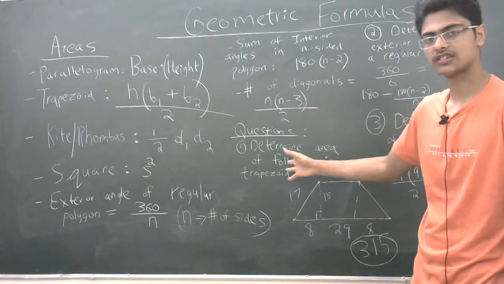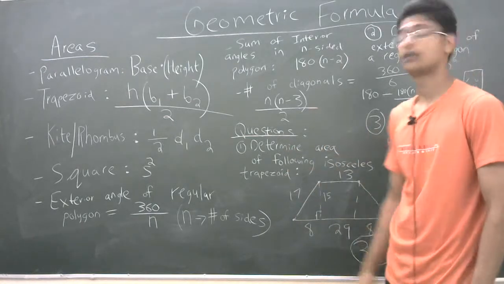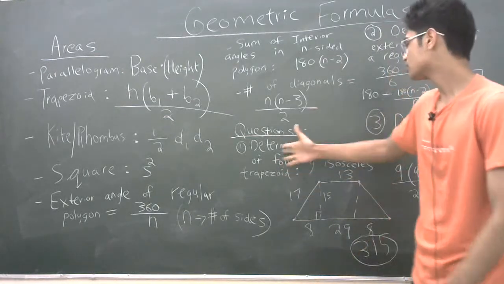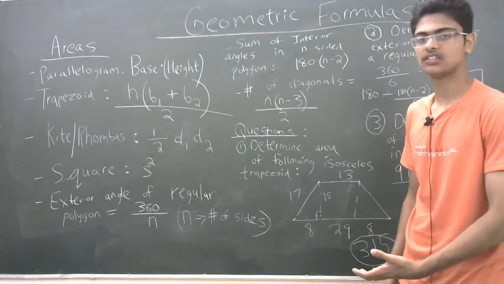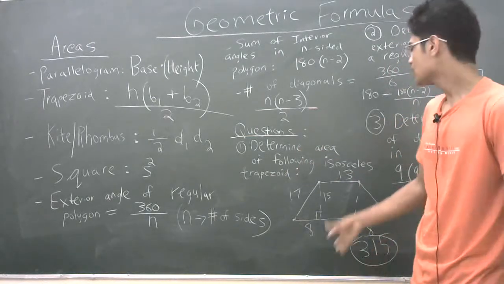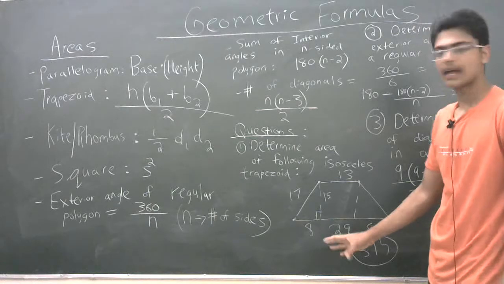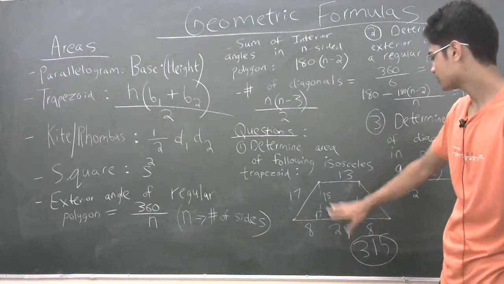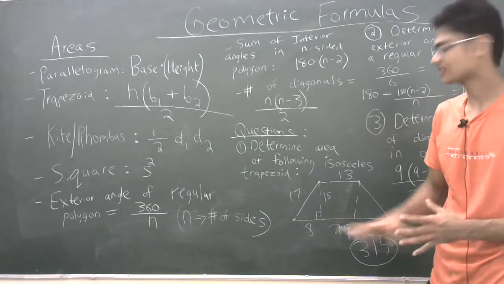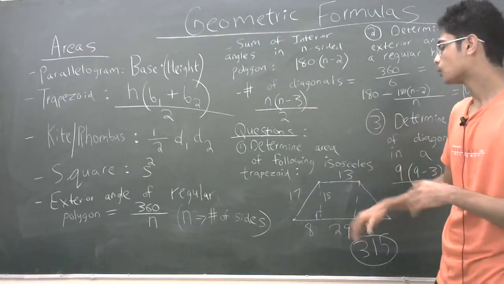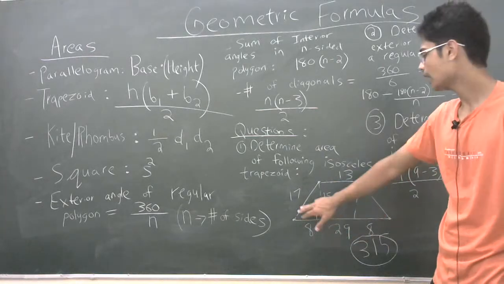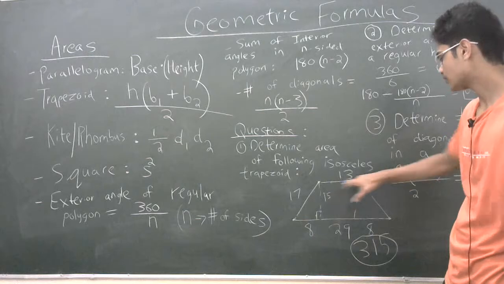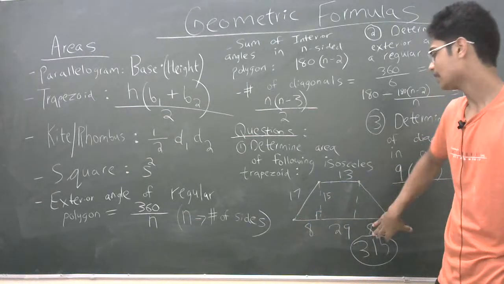So here are some questions that I've made up, which really test your knowledge. Determine the area of the following isosceles trapezoid, or a trapezium. Assuming that this wasn't given, the question originally was that you have 17, you have 13, and you have the 29.